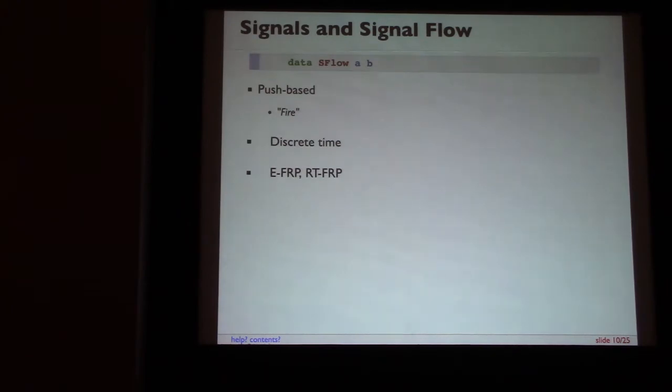So the core unit in midair is called signal flow. And we have data which goes from an A to a B. And so for the FRP people in the audience, this formulation, not the general semantics that we're talking about, but midair, is push-based.